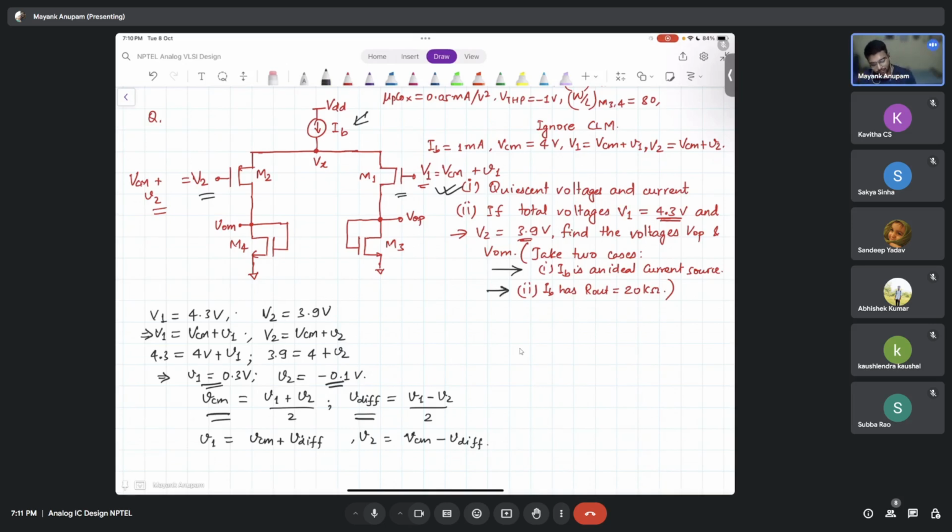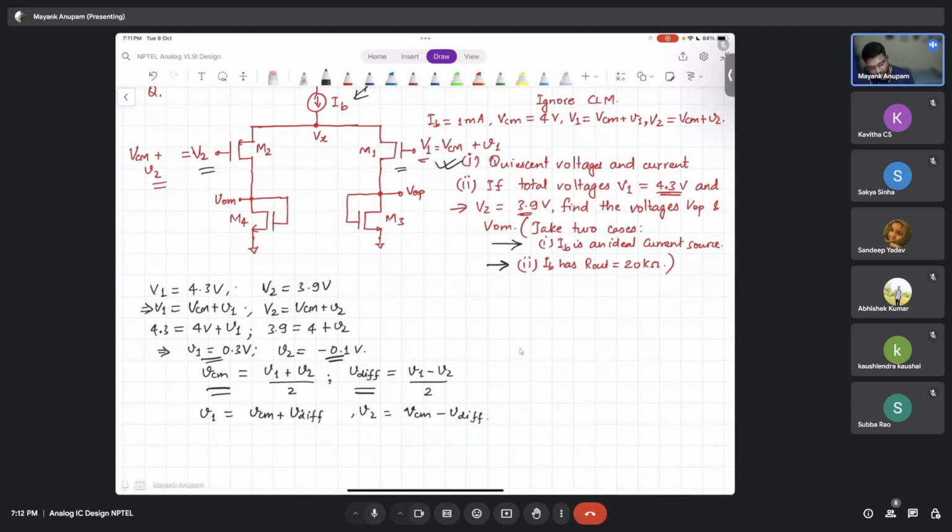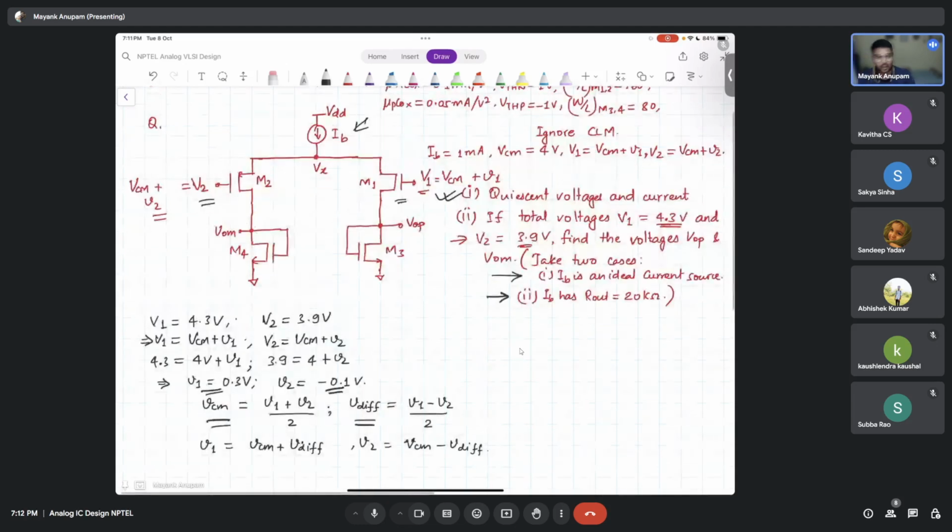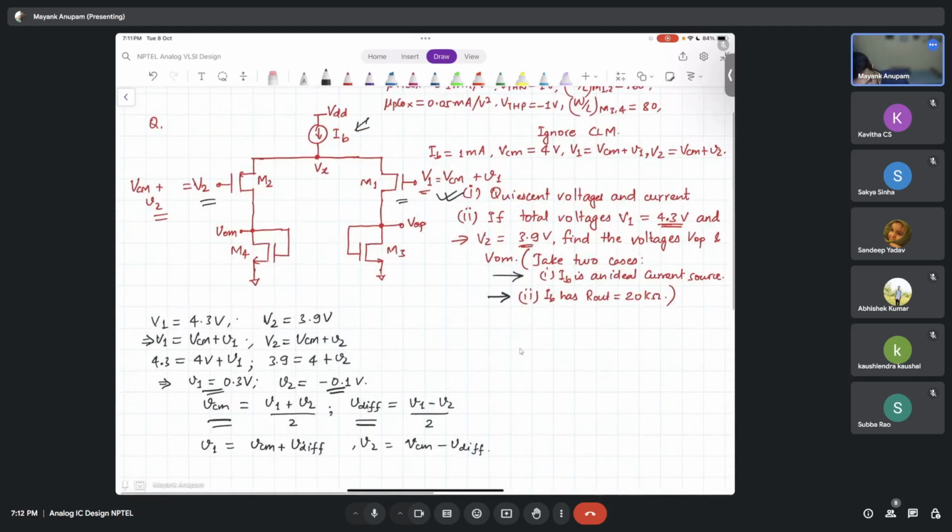So differential, I am sure you will be able to find out the differential gain. And in finding out differential gain, does this IB play any role, or let's say it has an output resistance here? Does this play any role in finding out differential gain? No. Why?